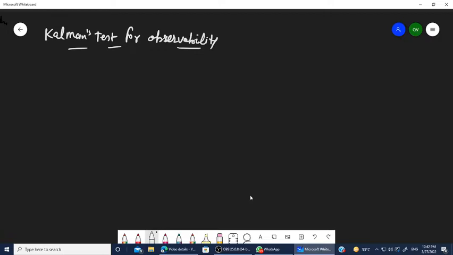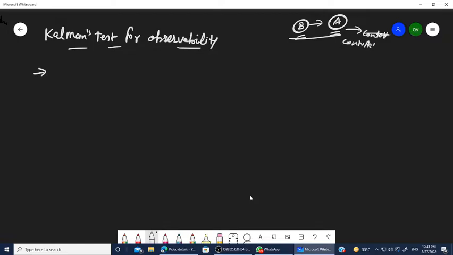So here we are going to discuss the Kalman test for observability today. First, the formal definition of the Kalman test we already did for controllability. For controllability, the input matrix B is responsible for driving the state variable, and therefore B and A together determine the controllability.